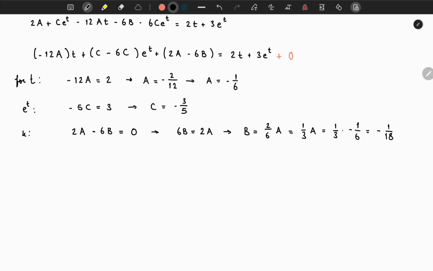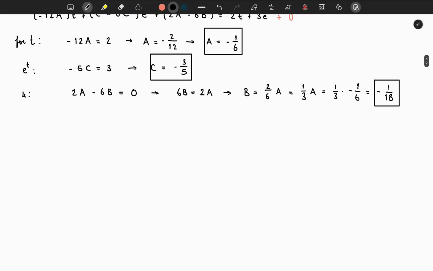Okay, there you go. So now we have found all of our constants. We found b, we found c, and we also found our a. So now we have determined the coefficients. We can basically rewrite our xp now.